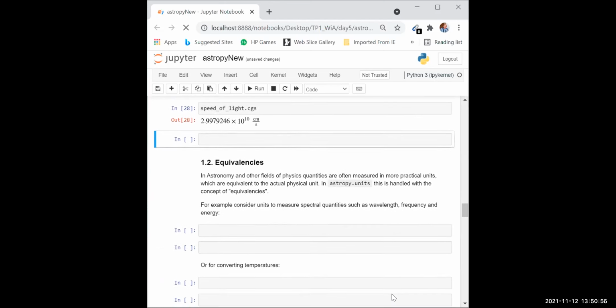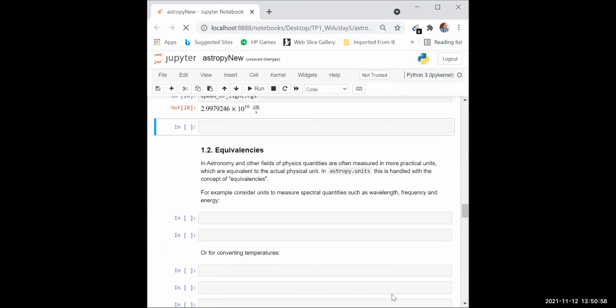Similarly, in astronomy, there are various physical quantities and they are measured in different units. Most of the time we write temperature in terms of Celsius or Fahrenheit, but in astronomy, we do it in Kelvin.